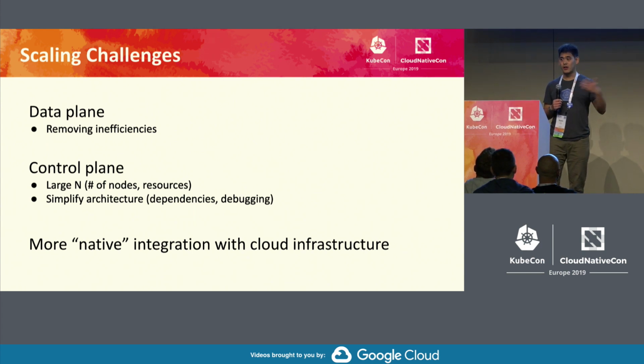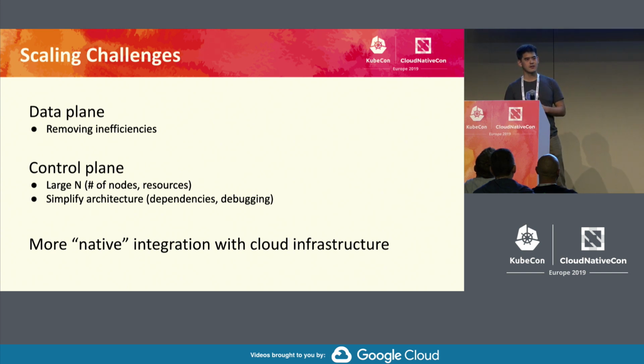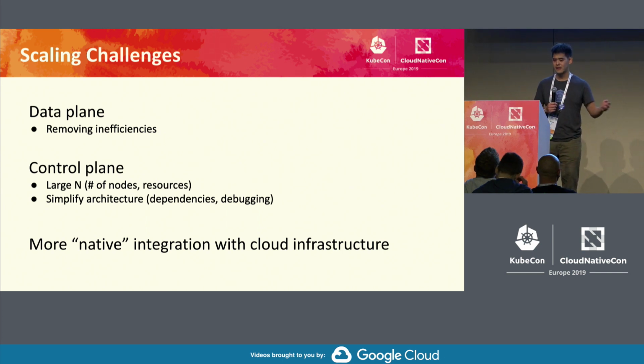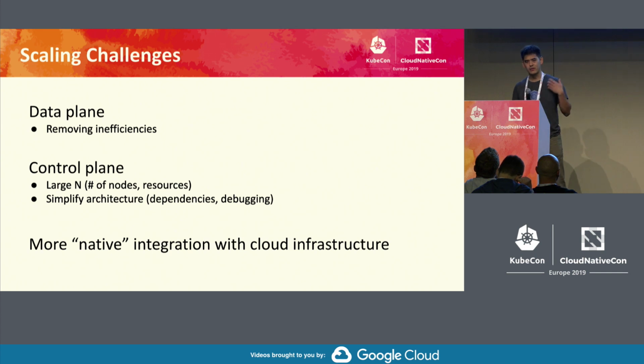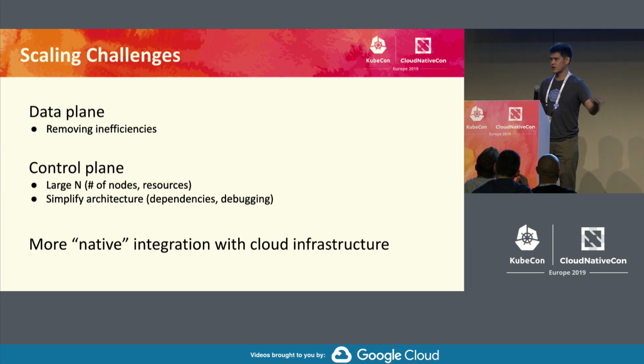In addition to the large N issues, you will also want to simplify your architecture. Simplifying your architecture really means reducing dependencies and making it easier to debug. And in general, we have found that the strategy to do this is to enable more native integration with the infrastructure that you're running on.